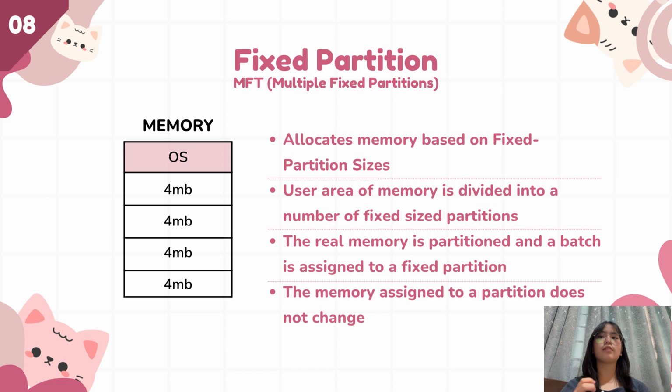So to summarize everything, the number of partitions is fixed, the size of each partition is fixed, and processes are loaded into these partitions as long as they fit. And finally, internal fragmentation can occur if the process size is smaller than the partition size.